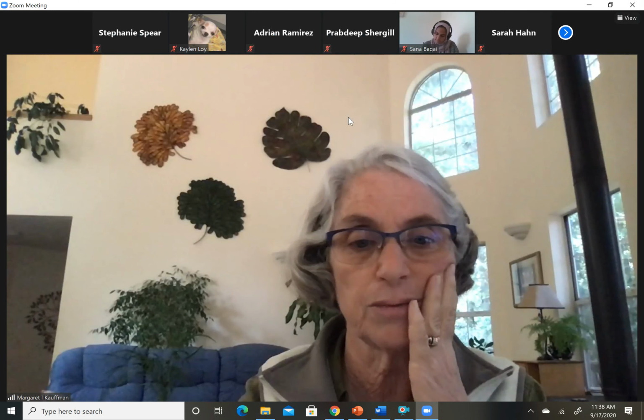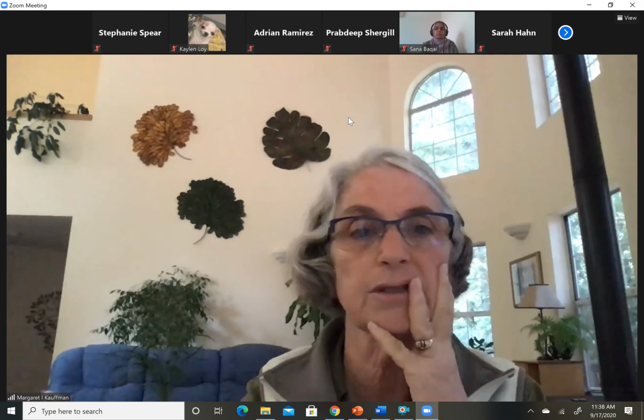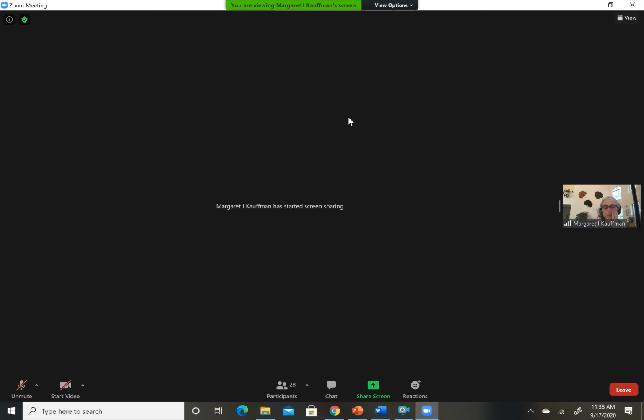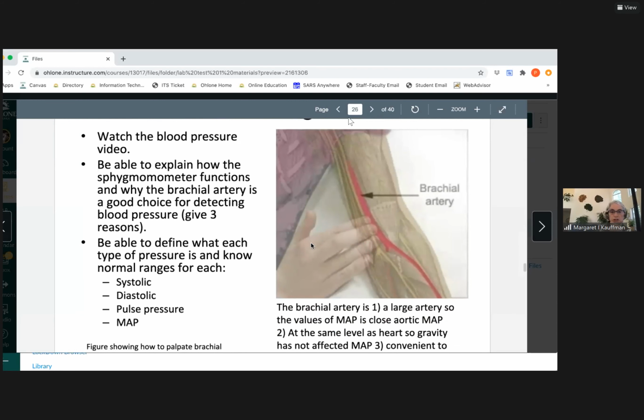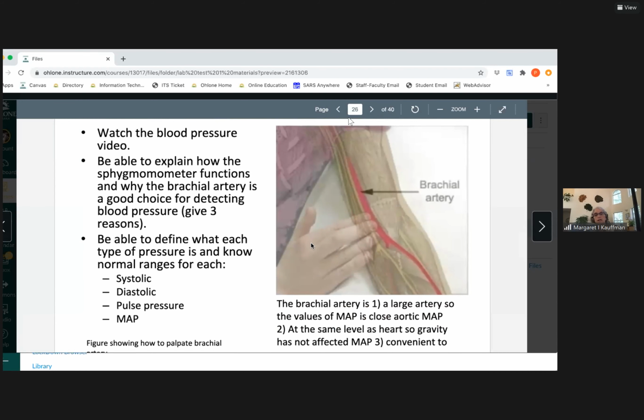All right, let's go back to the study guide because we're going to start the blood pressure stuff. So I have a picture here of how to feel for the brachial artery. And what you're trying to do is feel for your biceps. It's a big muscle, and your brachialis is under it, so they're both fairly big muscles.